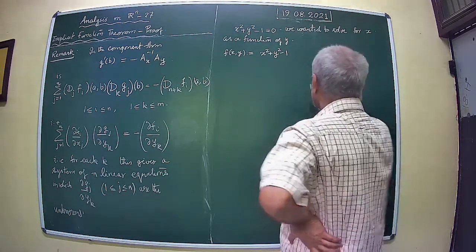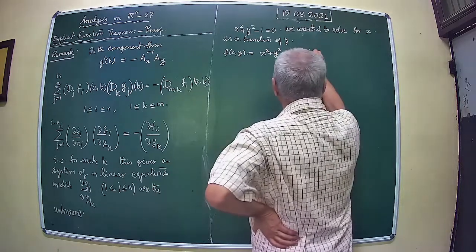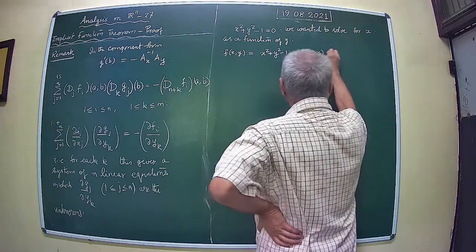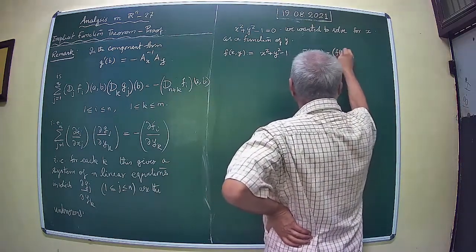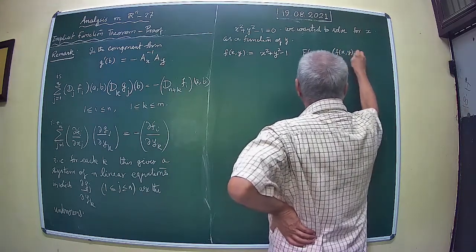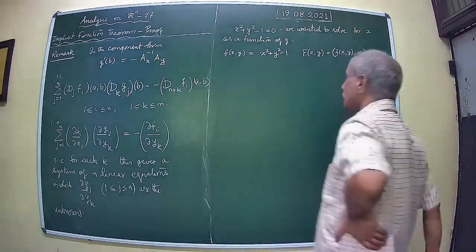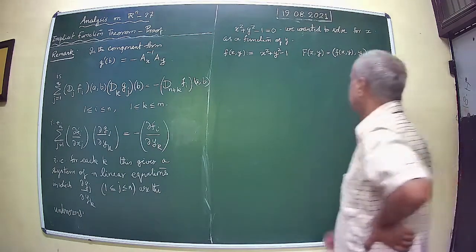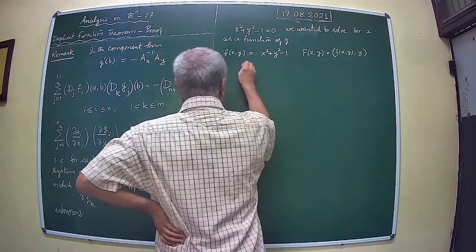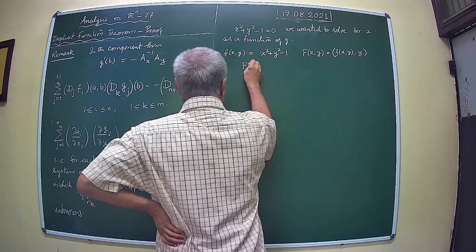Now you see that our f of x, y is equal to, so we have looked at f as a map from R2 to R2.